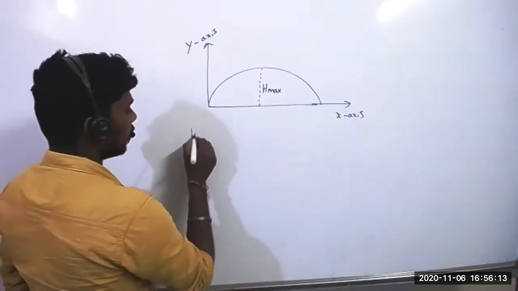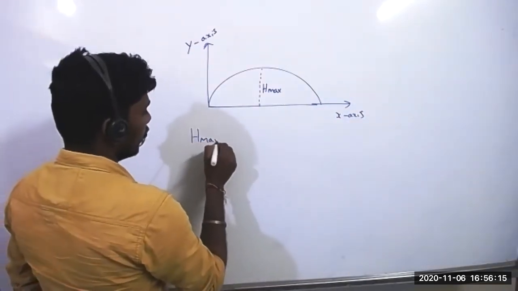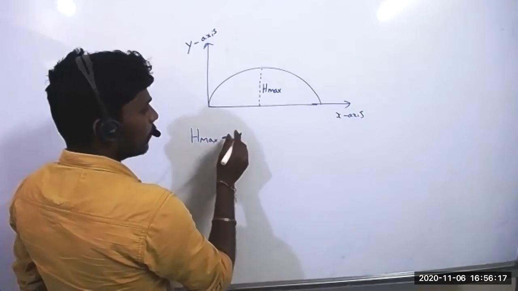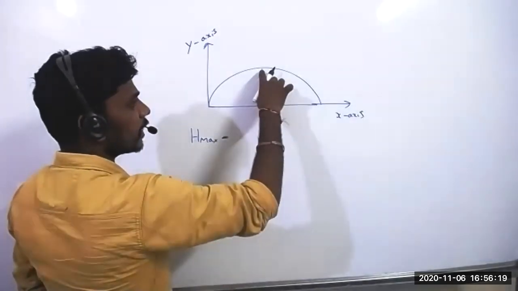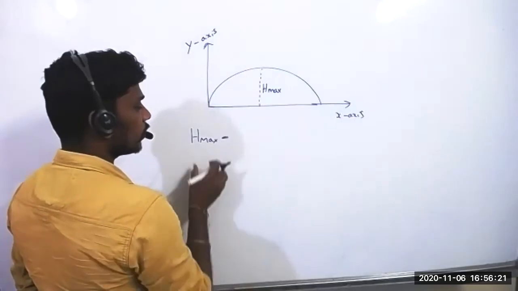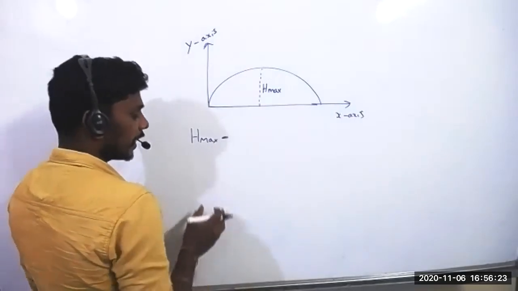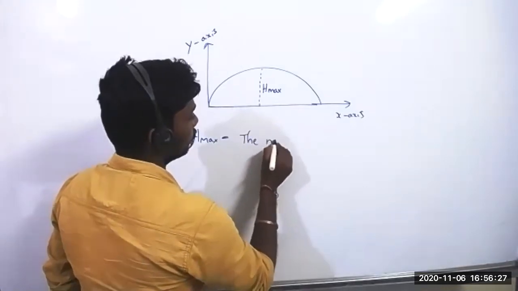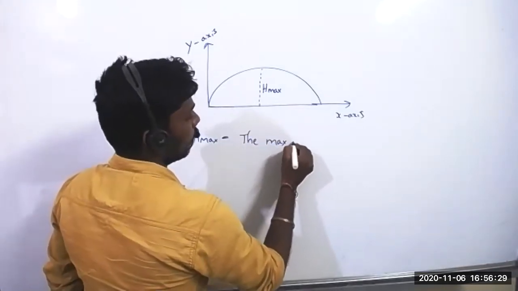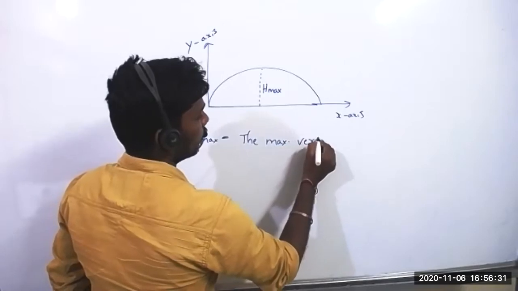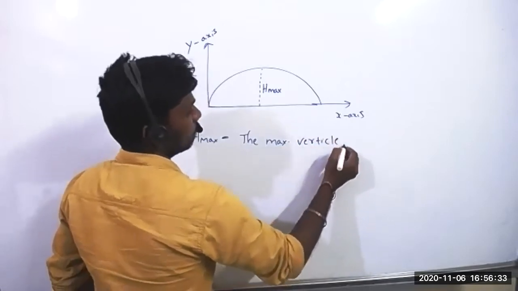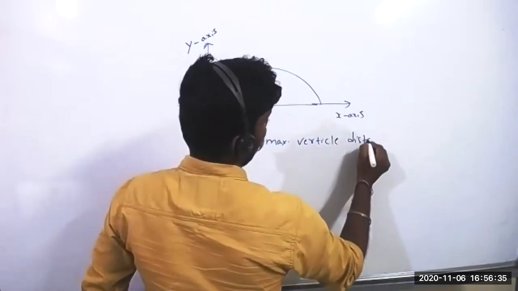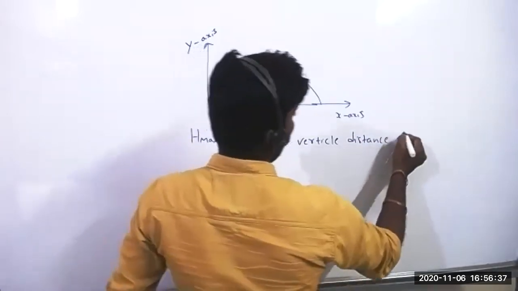H max means the maximum vertical distance covered by the body. That is maximum height.